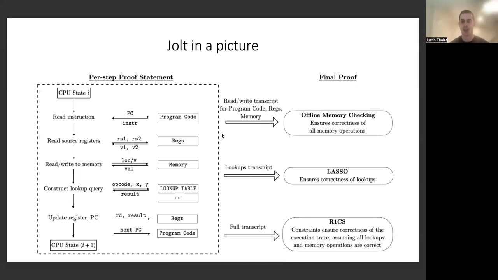So we use the Lasso lookup argument to make sure each instruction gets executed correctly once the inputs to the instruction are determined. We use offline memory checking to make sure any reads and writes to registers or memory cells are dealt with appropriately. And then the R1CS is capturing anything else, which tends to be how you determine what inputs and what instruction is getting applied to those inputs at each step.